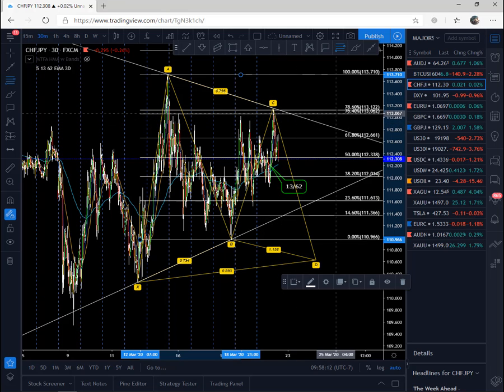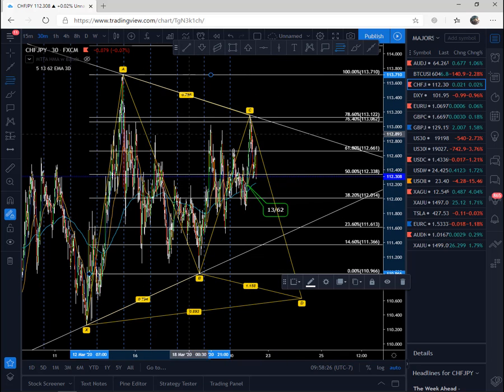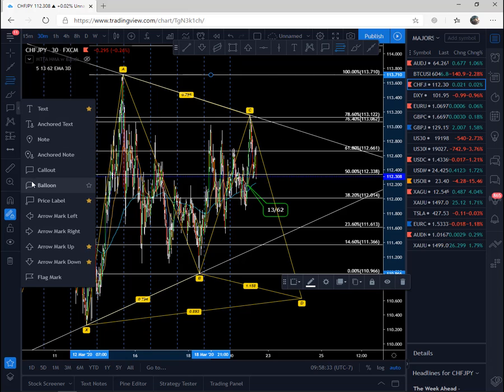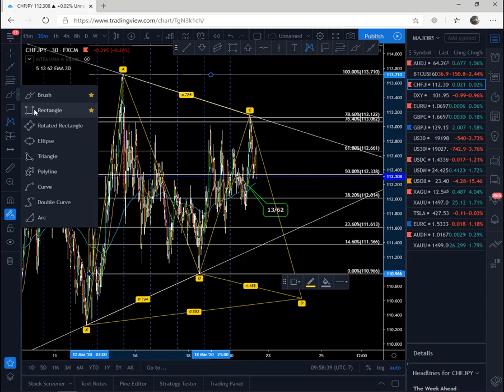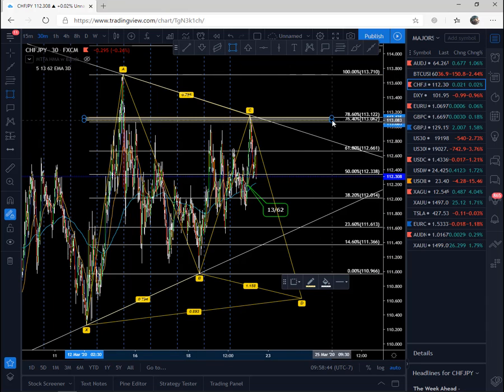Price stopped at the 78.6, and then made a U-turn from that C point. There's also some good resistance area, this zone right here.